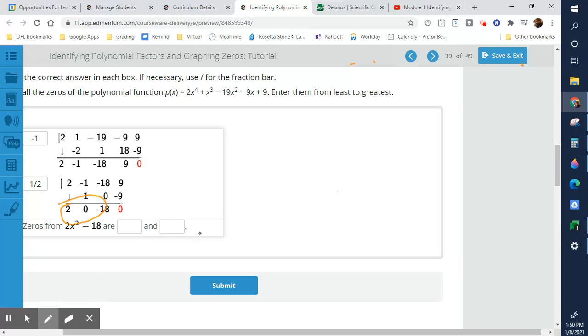So this is 2x squared equals 18. So x squared equals 9, and the square root of 9 is not only +3, but don't forget to account for -3, because -3 squared is also 9. So we're going to account here for 3 as well as -3.